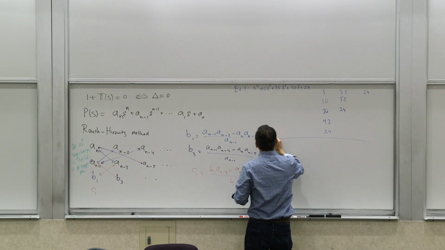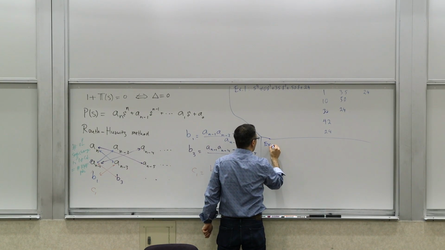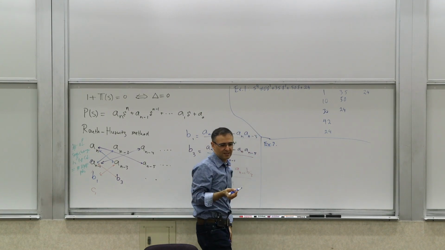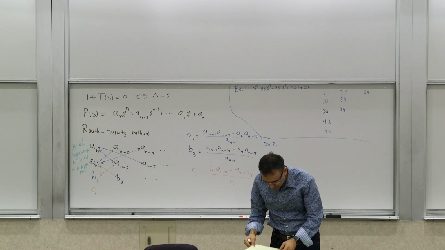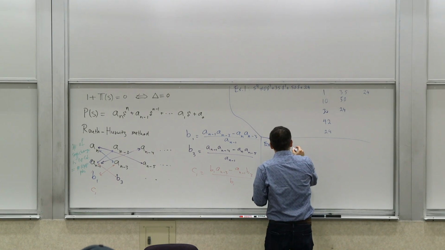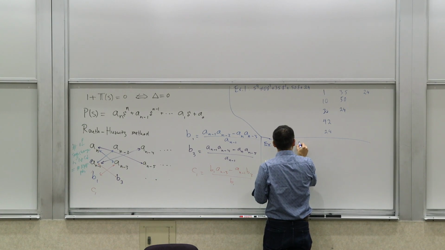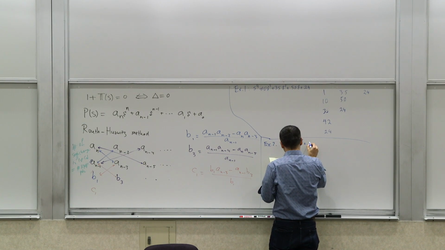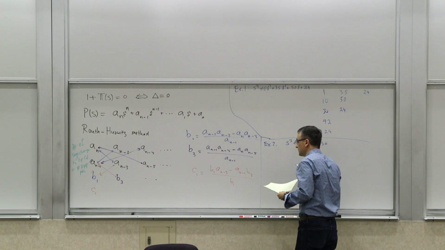So this is one example. And then example 2, just a simple example. Let's pick this one: s cubed plus s squared plus 4s plus 30.